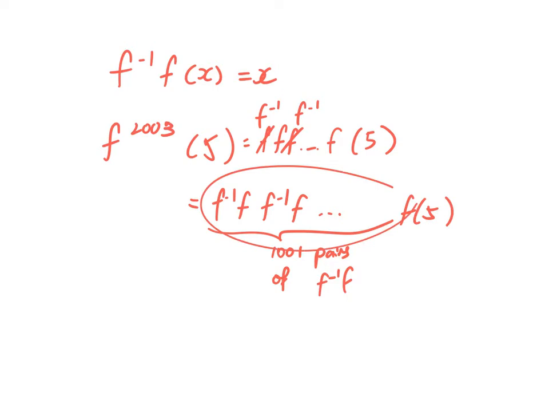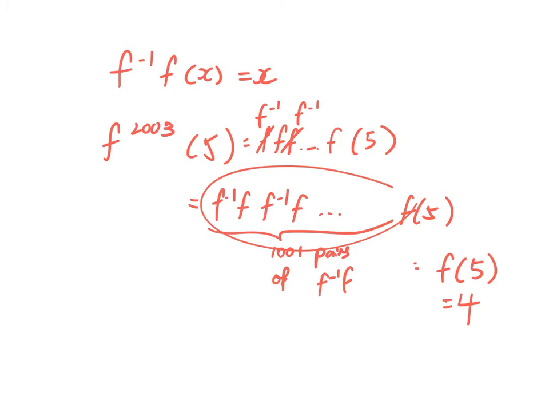All these do nothing to the function because they give you the identity function, and you just end up with f of 5, which by substituting this value into your original f(x), you will just get 4. Remember with f inverse f, they cancel out each other.